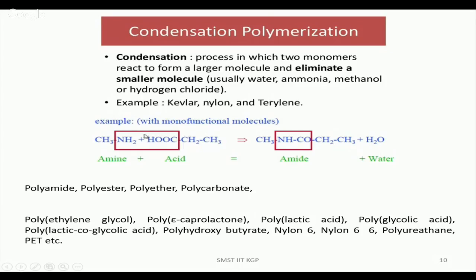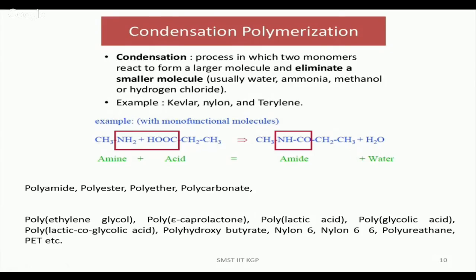This is a condensation reaction, and with it we get condensation polymers. If the monomers have more than two amine or more than two carboxylic groups, or amine and carboxylic together in the same molecule, we get condensation polymers. Is it clear?